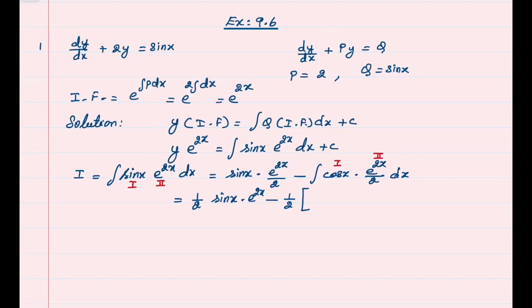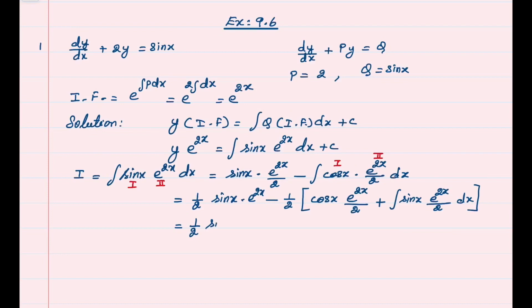First function into integral of the second function. Integral of e power 2x is e power 2x divided by 2, minus integral differential of the first function. Differential of cos x is minus sin x, minus into minus is plus sin x, and integral of e power 2x is e power 2x over 2 dx.